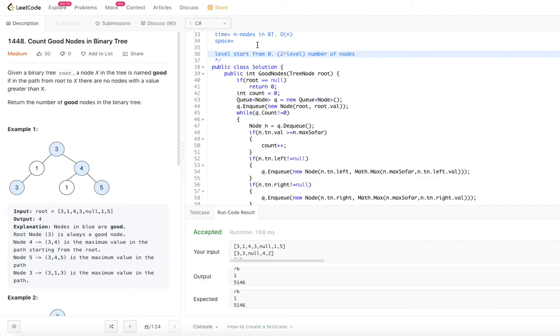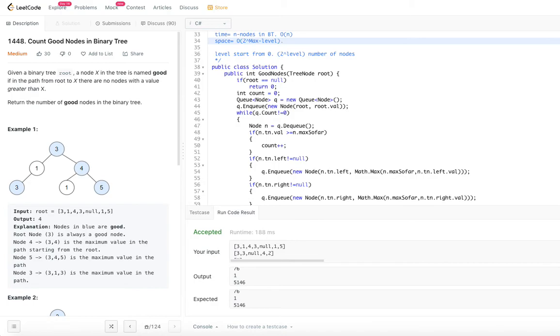So the space will be equal to, what is the maximum level in the given binary tree? We don't know that, right? So let's say the space complexity will be equal to 2 power max level, right? So that much memory we need for the queue.